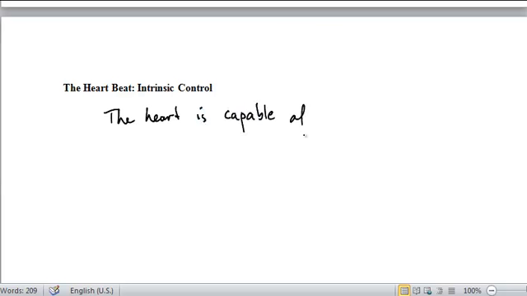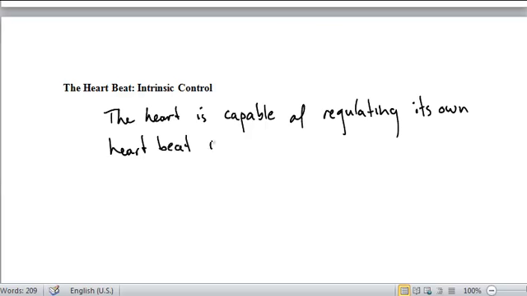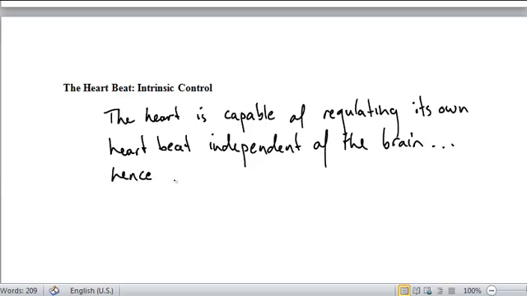So the heart is capable of regulating its own heartbeat independent of the brain. Hence the term intrinsic control, as intrinsic means within, and it's being controlled within the heart.